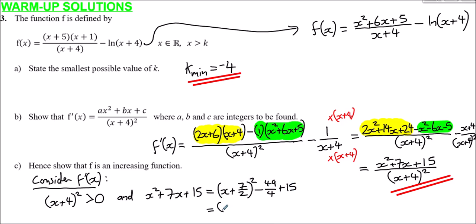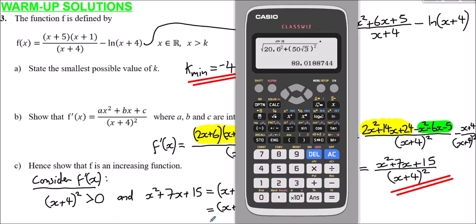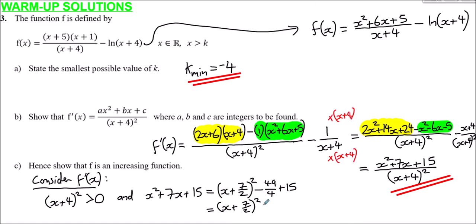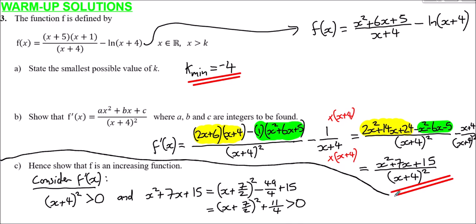And that's going to be x plus 7 over 2 all squared minus 49 over 4 plus 15. Let's just work that one out. Positive 11 over 4. And of course that's greater than 0.